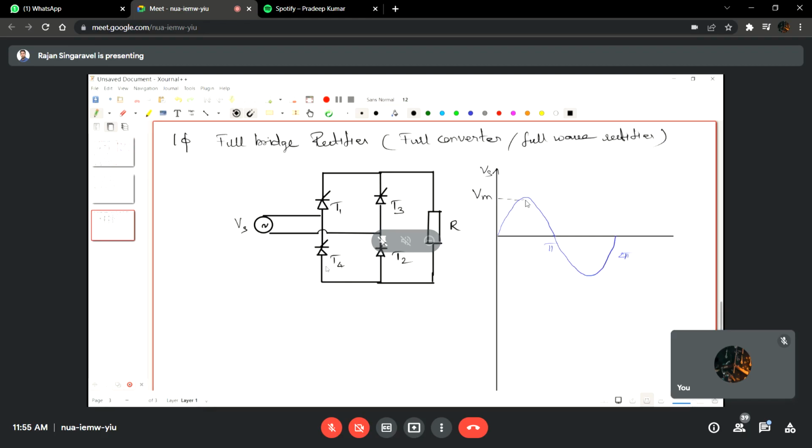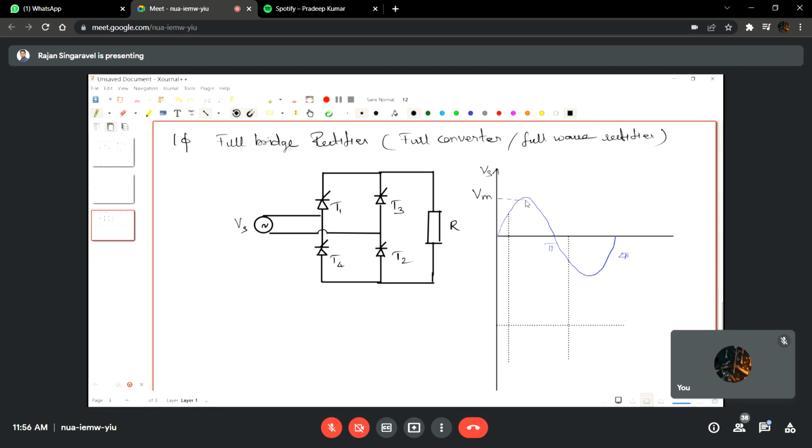Supply voltage Vs, and as usual we have to give an alpha at some point of the input supply. I consider I am giving my alpha at this particular point, and here I am giving the same alpha for the negative cycle also.